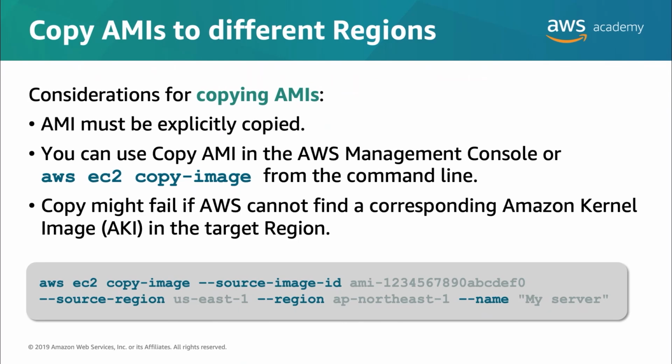The command also specifies the name to assign to the AMI that will be created. The storage type of the AMI does not matter to the copy image command. You can copy AMIs backed by Amazon Elastic Block Store and AMIs backed by instance stores. For more information, search for Copying AMIs in the AWS documentation.